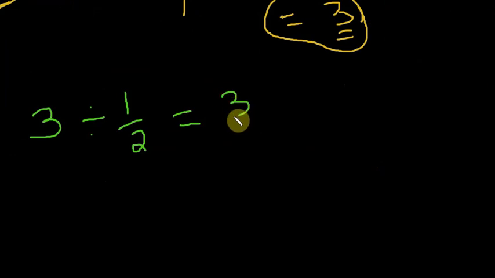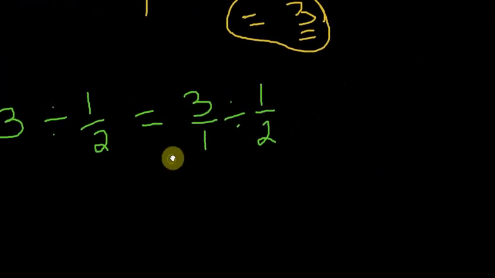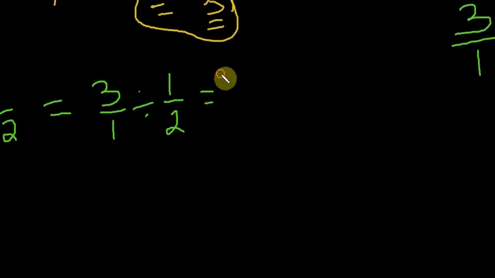So we write 3 over 1 divided by 1 over 2. Now we change the sign. 3 over 1 multiplied by, remember, the reciprocal, 2 over 1.